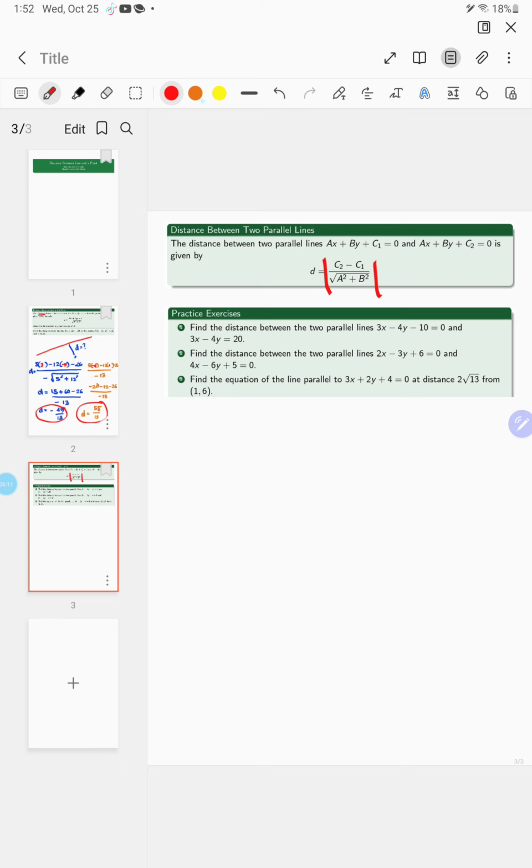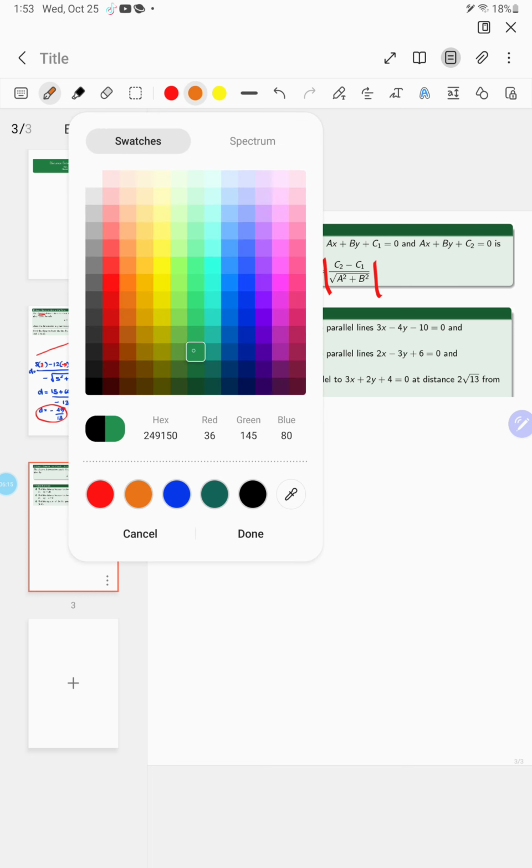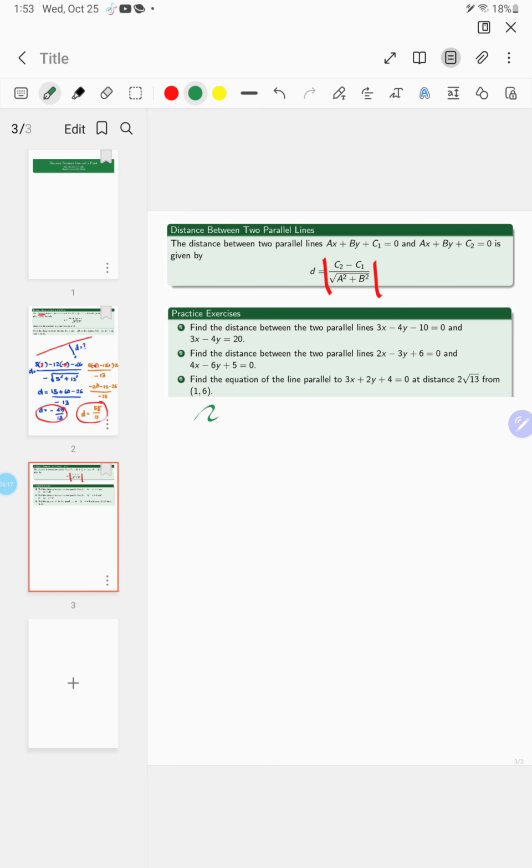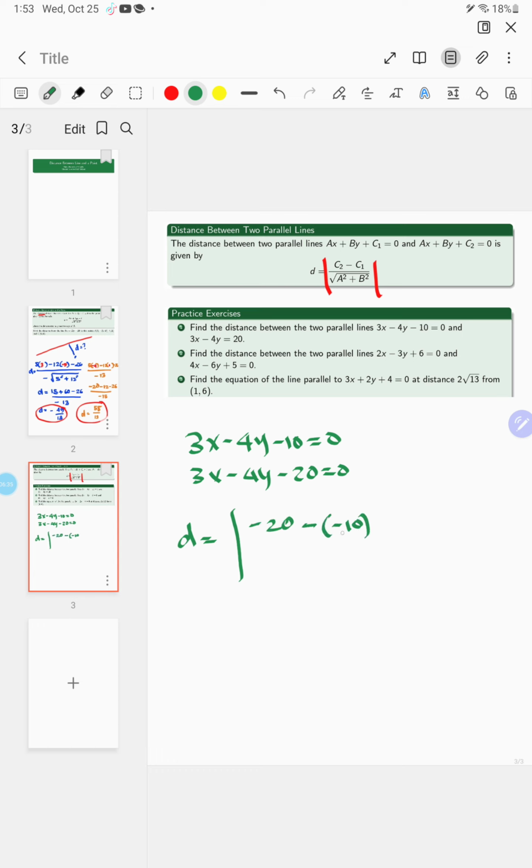In number 1, what we have here is 3x minus 4y minus 10 equals 0. Then the other one, 3x minus 4y minus 20 equals 0. To get the distance, following the formula, absolute value, so that will be negative 20 minus negative 10, all over square root of 3 squared plus 4 squared.